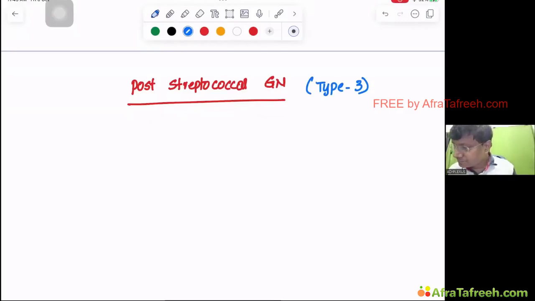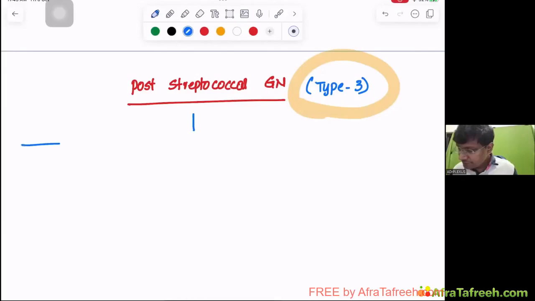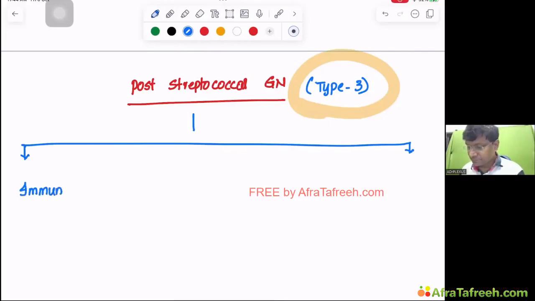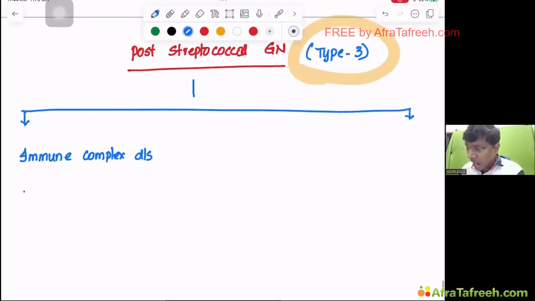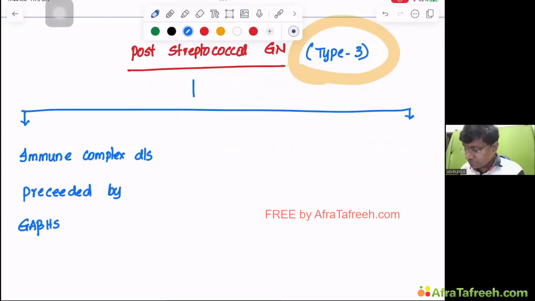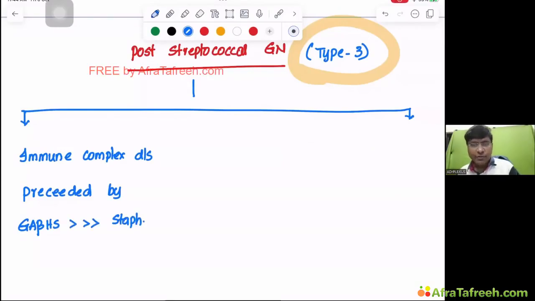So PSGN, it is the immune complex disease preceded by streptococcal group A beta hemolytic streptococcal infection, then followed by that staphylococcal infection.